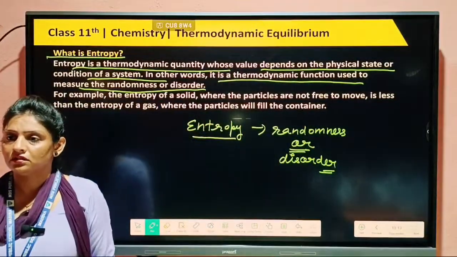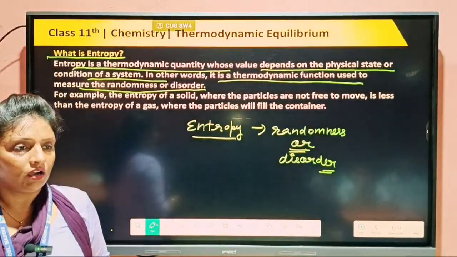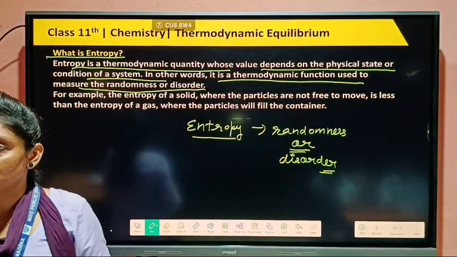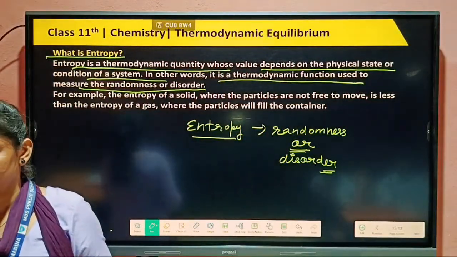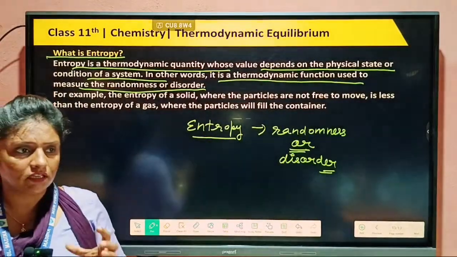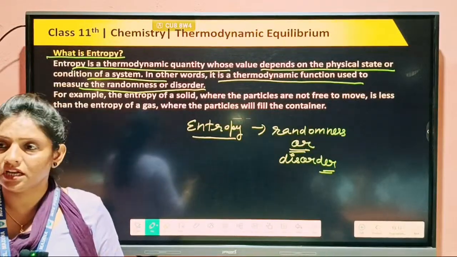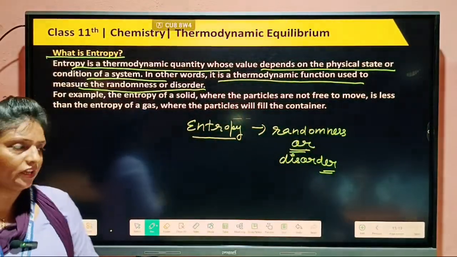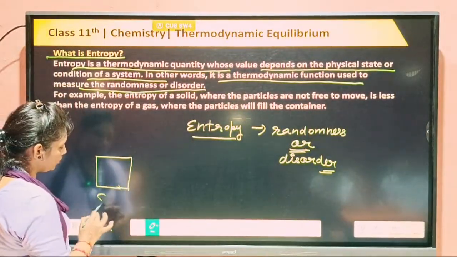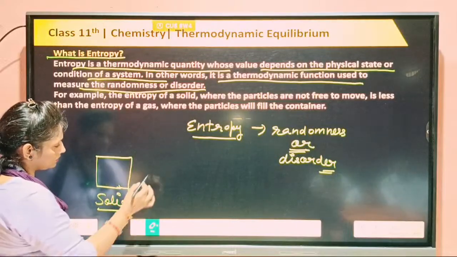It means the state of the system, how much the particles get to move freely. This is the entropy. Randomness, disorder, their freedom, is known as the entropy. For example, students, if I talk about the solid, here particles are closely packed.